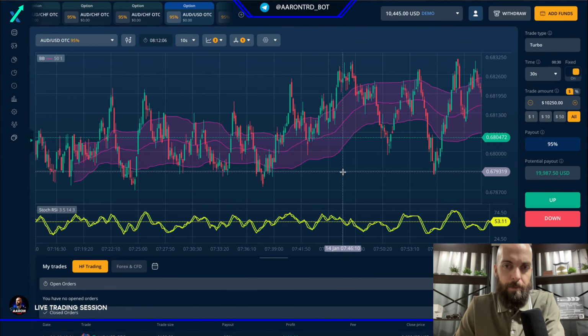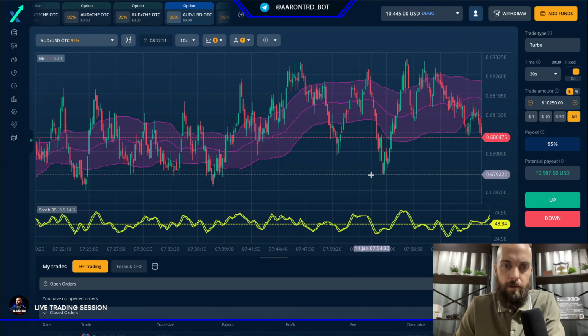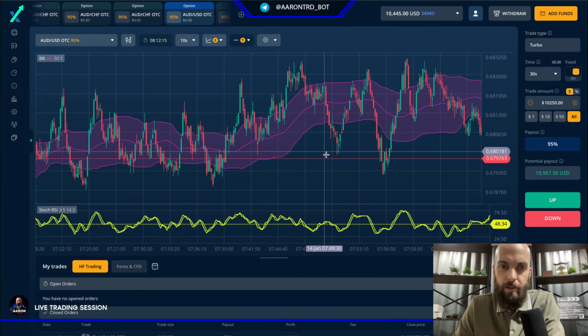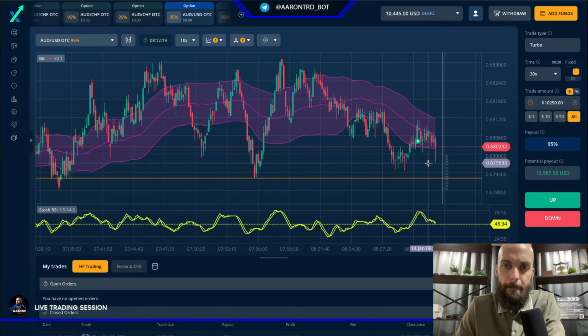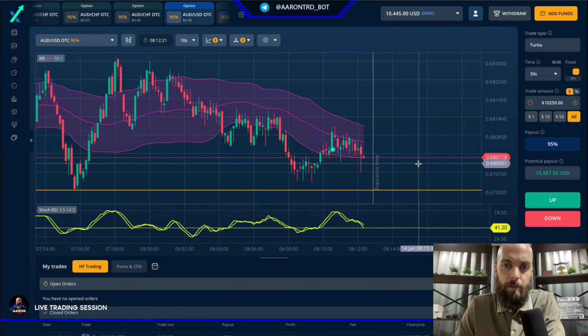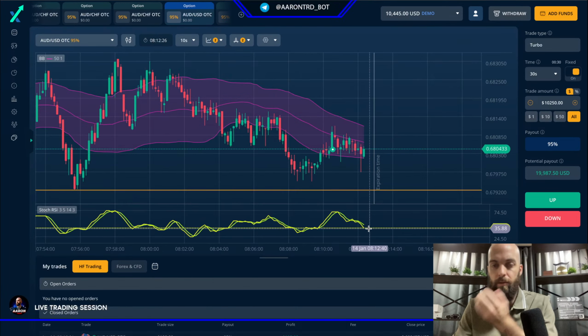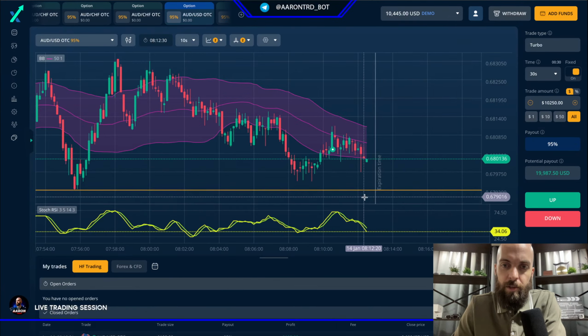Let's see. Maybe this right here looks like an area price tends to fall to. Let's do it like that. So it could break back down, and then momentum could stay getting higher, at higher lows, while price continues to hit this line.